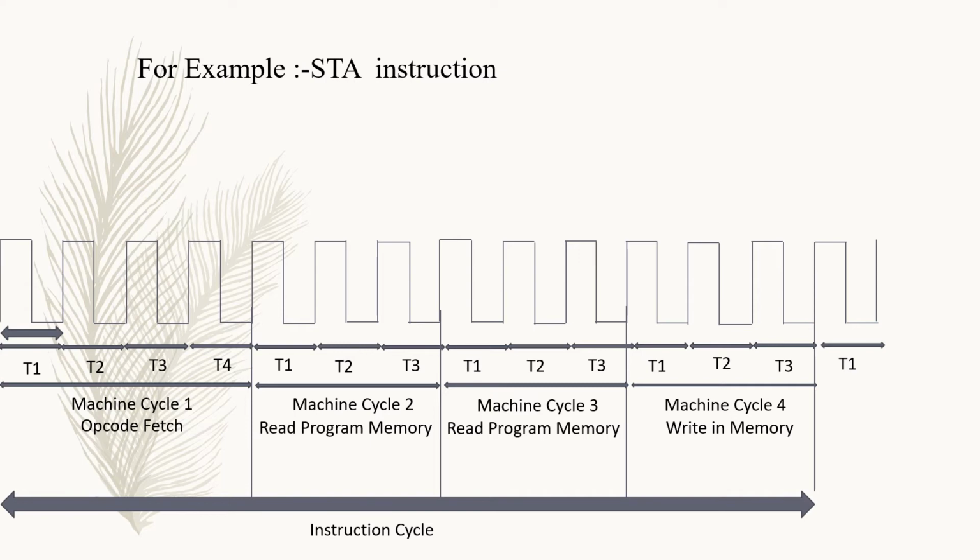There are 4 machine cycles, and each machine cycle is having either 3 or 4 T states, and this M1, M2, M3 and M4 together form your instruction cycle. So this is an example of the STA instruction where we have elaborated the role of T state, machine cycle and instruction cycle. In the paper they always ask you to explain T state, machine cycle and instruction cycle with the help of a diagram.